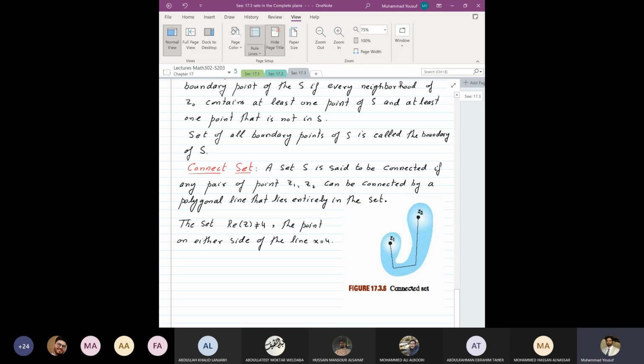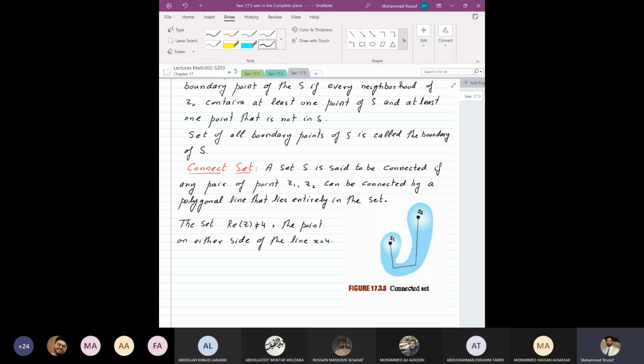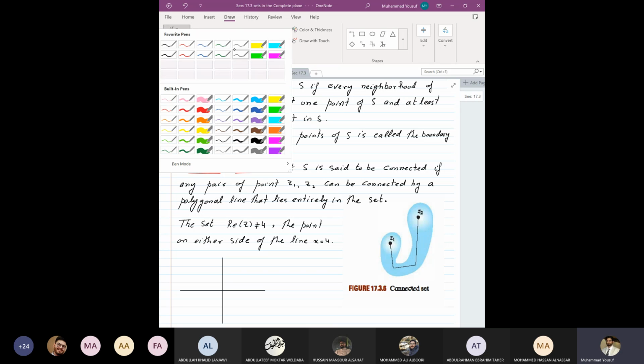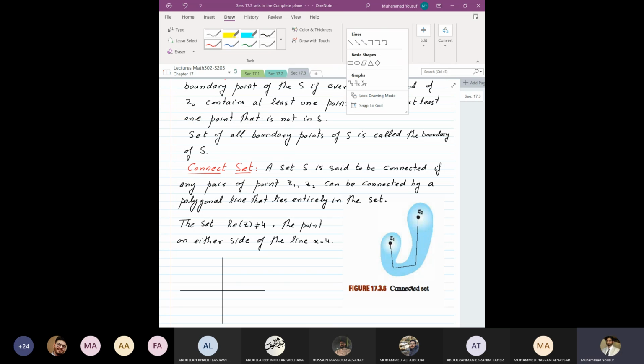Now, if we have this complex plane, and in this complex plane we have a line, which is this line.